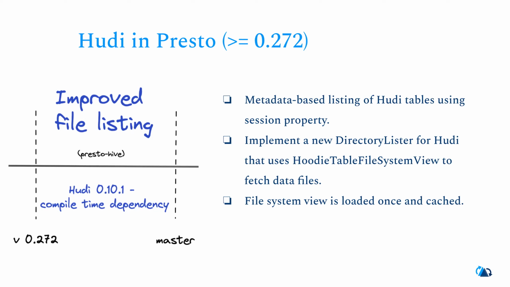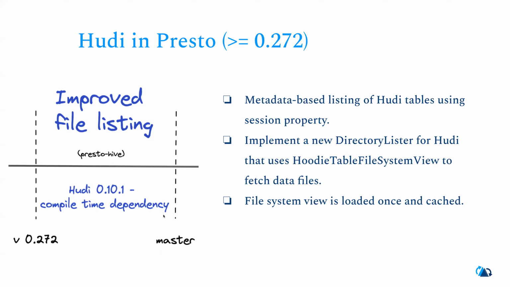So we have multiple indexes in the metadata table. One such index is files index, which stores a mapping of files to partition paths. There are other indexes as well, such as column stats and Bloom filters. But the first index that we integrated with is files index, which really helped in eliminating any recursive file listing.